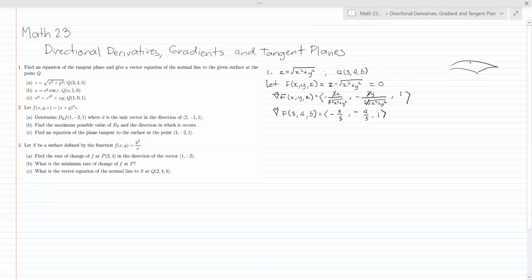And nandito tayo sa point Q. Ang makukuha natin here, this is a vector gradient ng F.